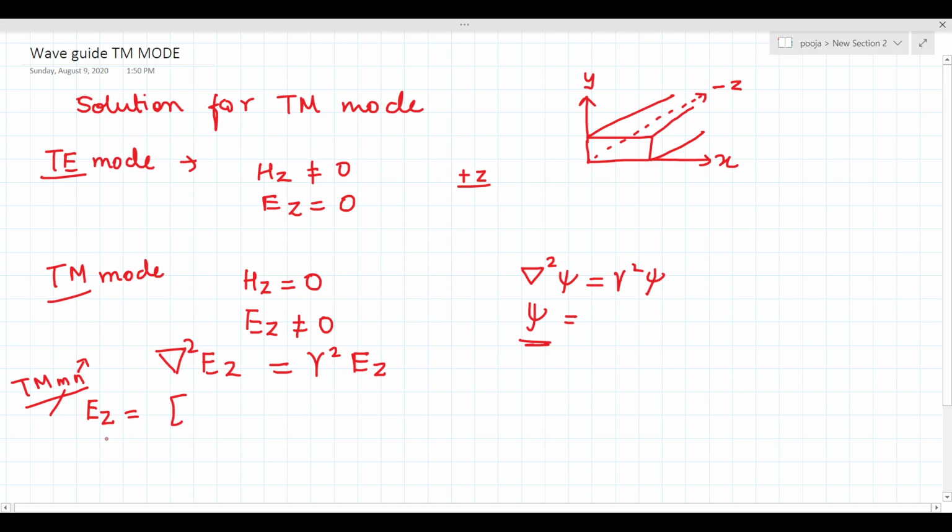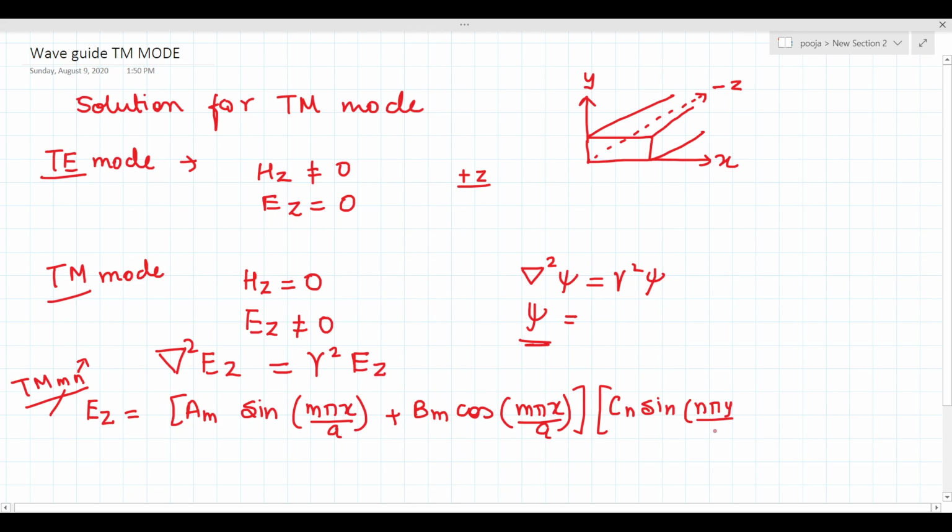So for TM-mn mode, the Ez will be Am sin m pi x by A plus Bm cos m pi x by A, multiplied by the y variation Cn sin n pi y by B. Along y direction the dimension was considered as B, and along x axis it is considered as A. That's why we have taken A here and B here, plus Dn cos n pi y by B, multiplied by what will happen along Z direction.